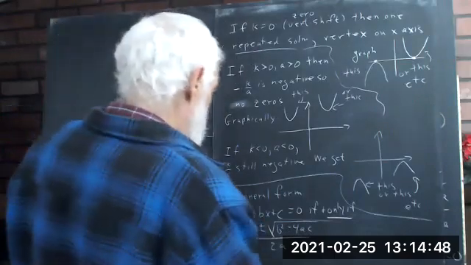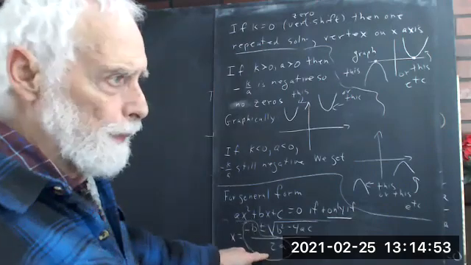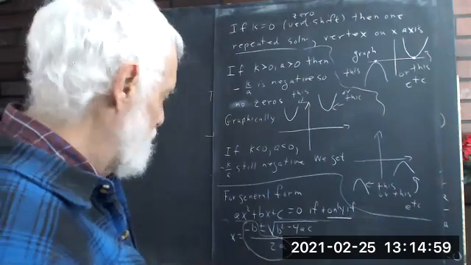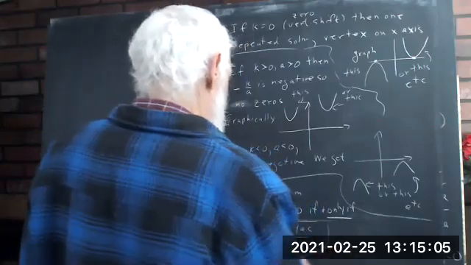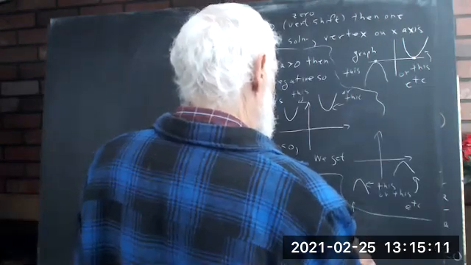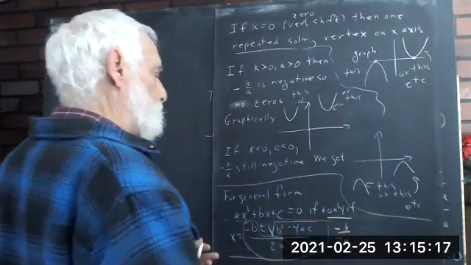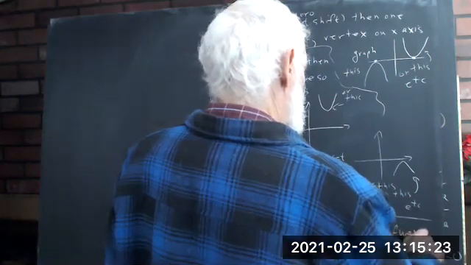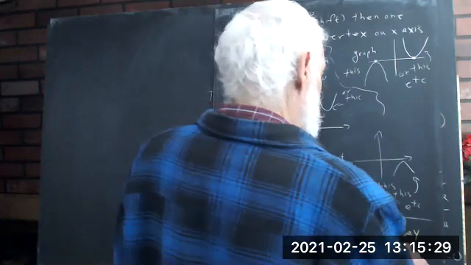Another thing it tells you is that, I'm going to observe that negative b over 2a is halfway between these zeros.